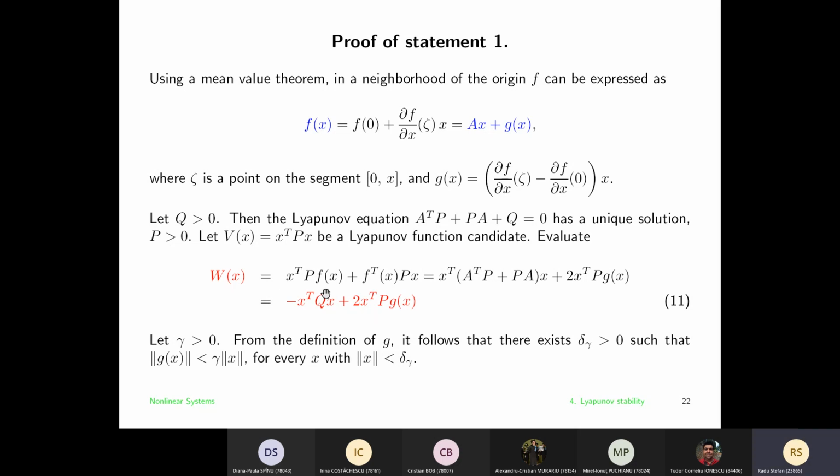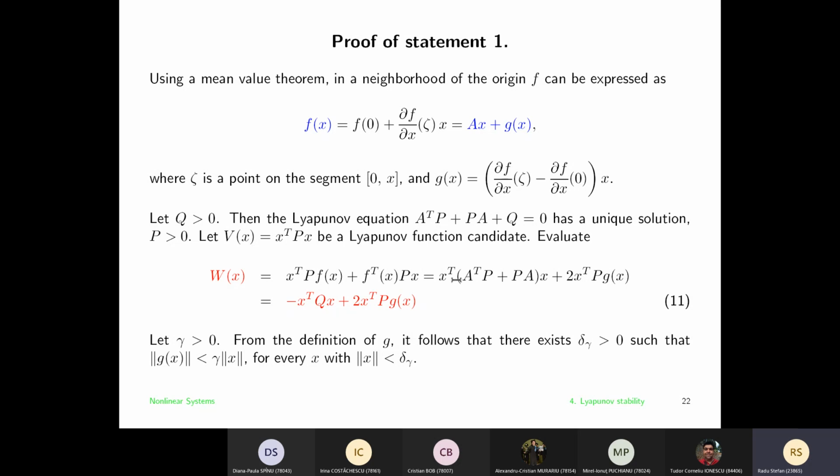You write the derivative, x transpose P x dot, which is f of x, plus f transpose of x P x, which was x dot transpose, and you end up with this expression. So the linear part shows the term we know from the stability of linear systems, and of course this g of x term gives you an expression of this type, x transpose P g of x, with 2 times the same quantity.